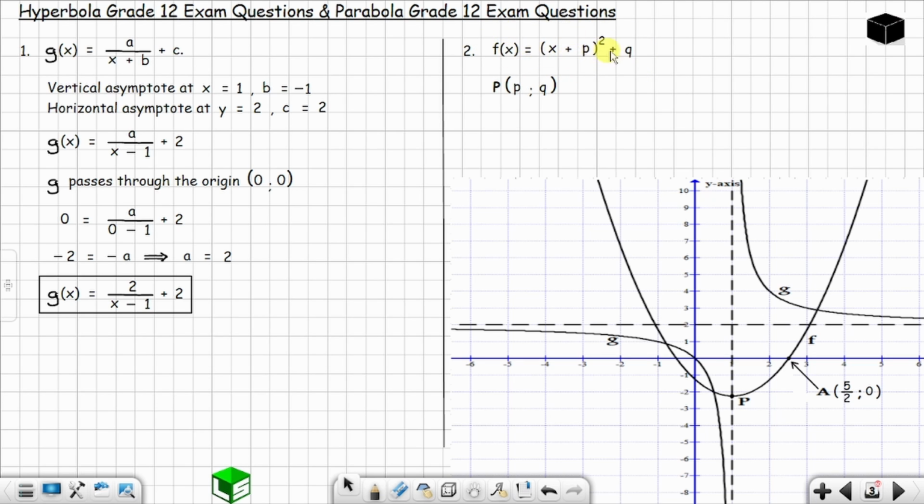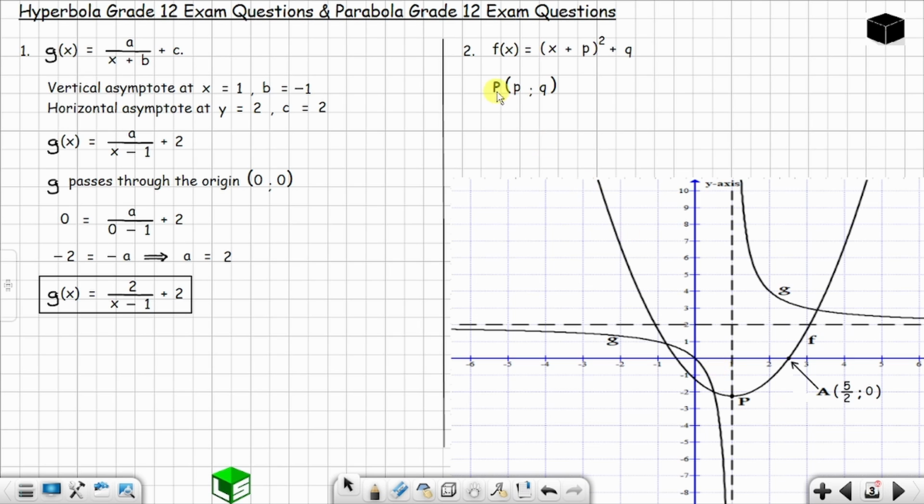This is the vertex form. So this is the x coordinate and this is the y coordinate. The x coordinate of this point, you can see it is 1, and the y coordinate, you don't know what it is. It is in between negative 2 and negative 3. You don't know what it is, but you know what the x coordinate is.